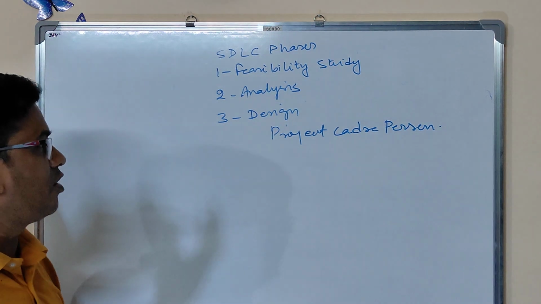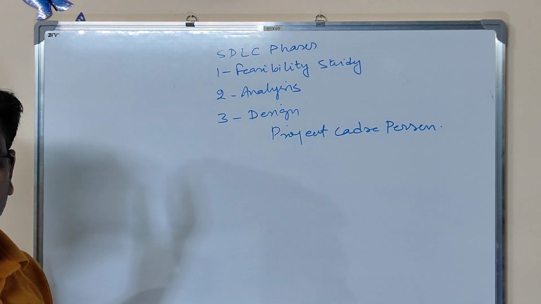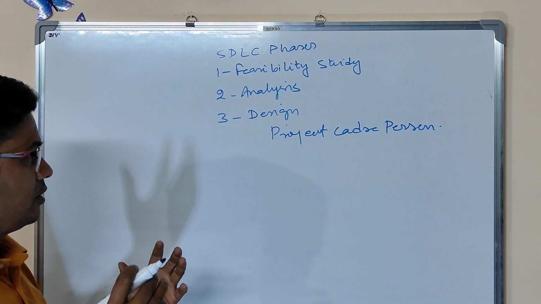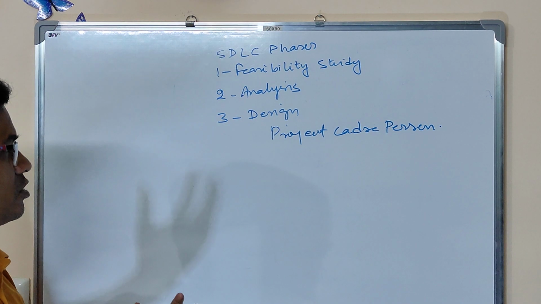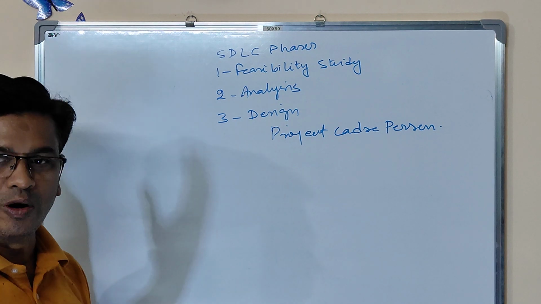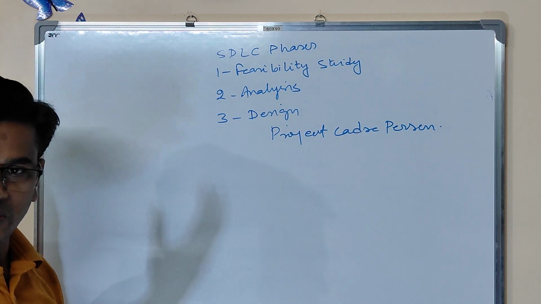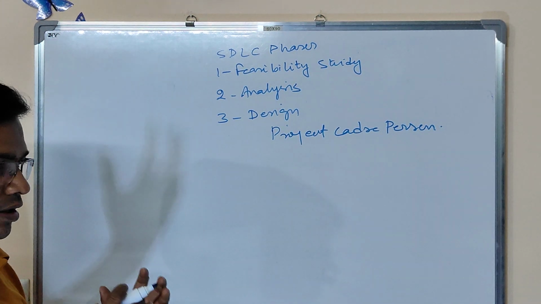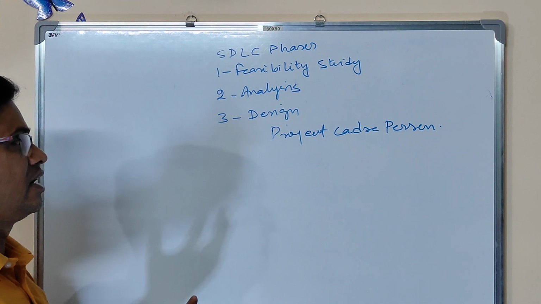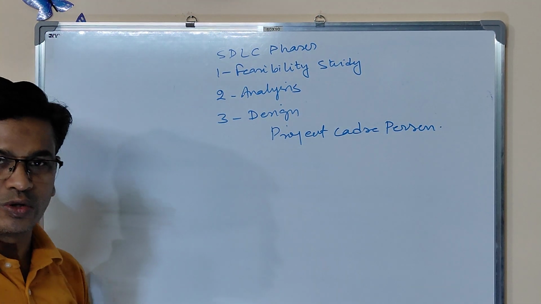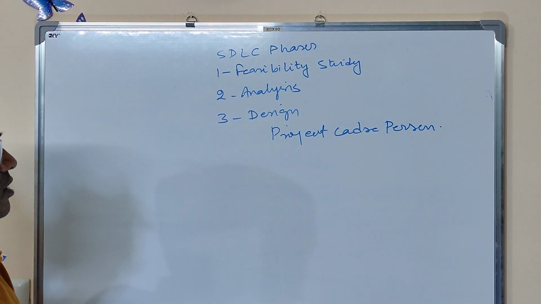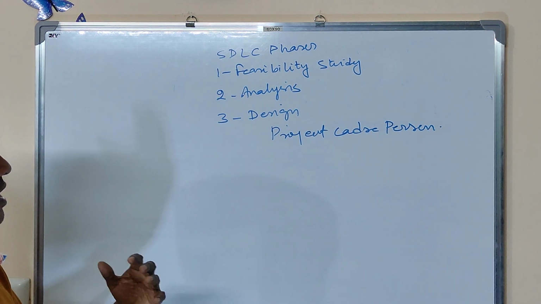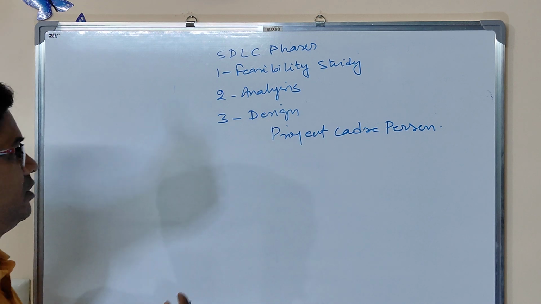So the objective of the design phase is to divide the whole software into a number of modules, sub-modules and other architecture related requirements. So design means architecture. This phase can be divided into two parts.